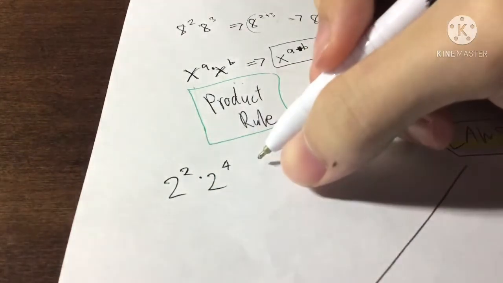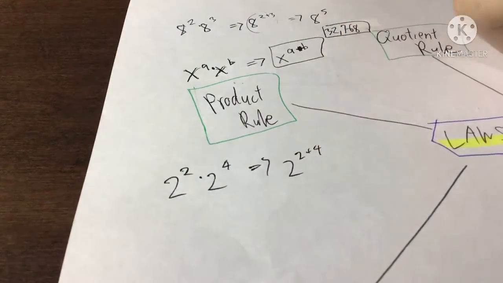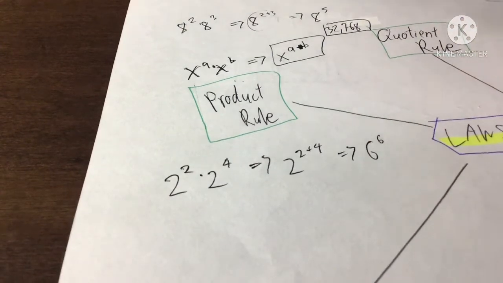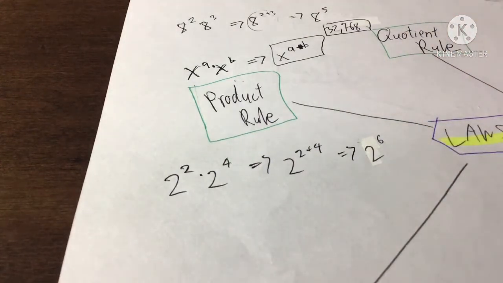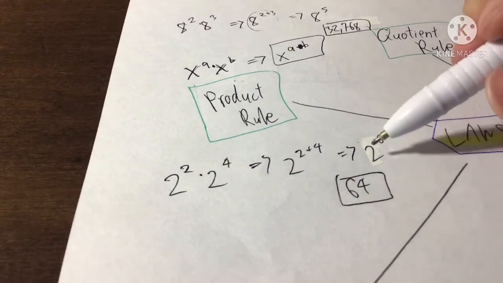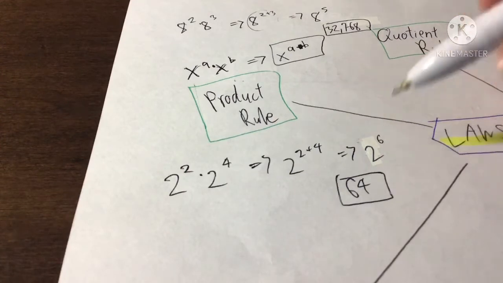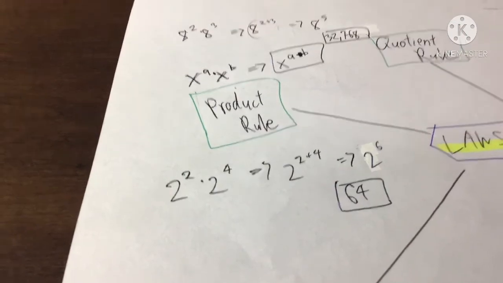So again, we'll place 2 raised to 2 plus 4. And furthermore, this will be 2 raised to 6. If we calculate that, we will have 64. So you will multiply 2 six times: 2 times 2 times 2 times 2 times 2 times 2. We have 64. That's basically just it.